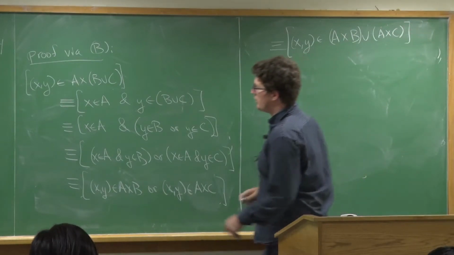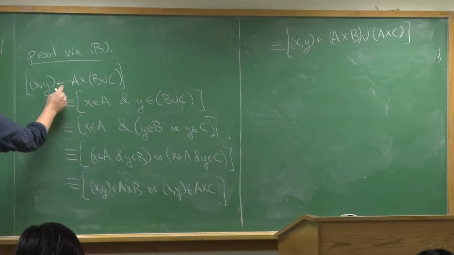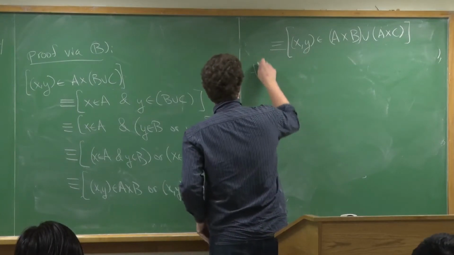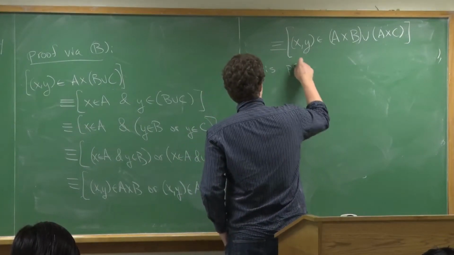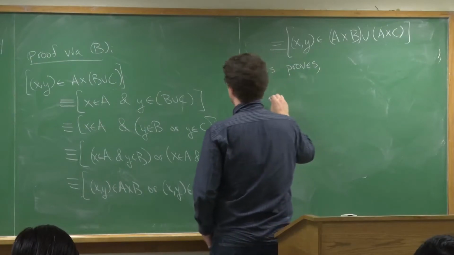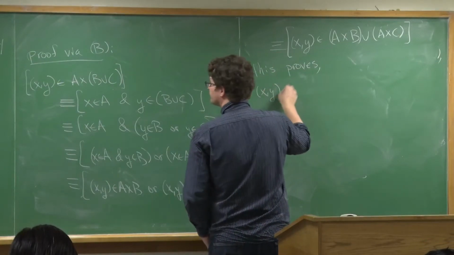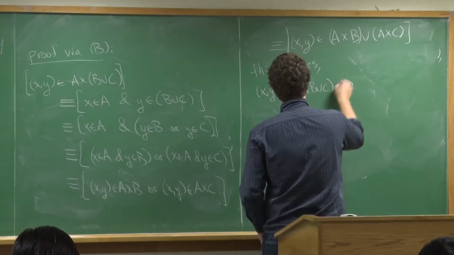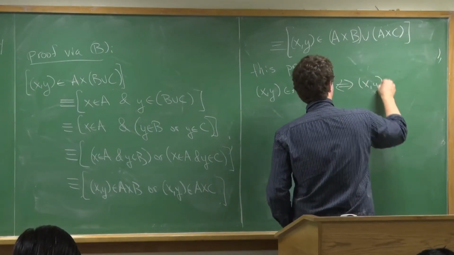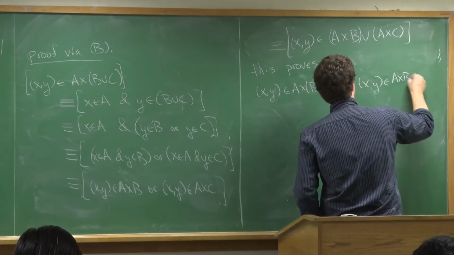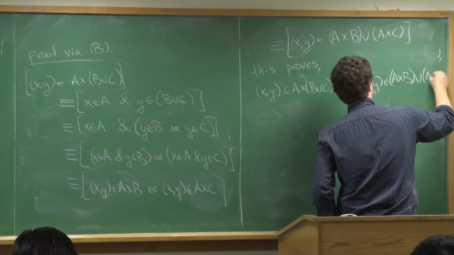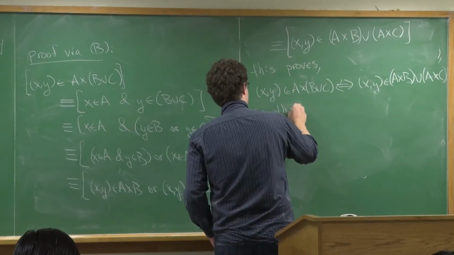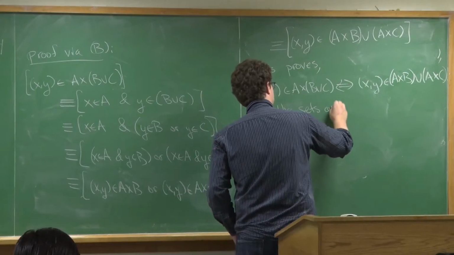This proved that this statement here was logically equivalent to this statement here. So this proves that (x, y) is an element of A cross (B union C) if and only if (x, y) is an element of (A cross B) union (A cross C). So the sets are equal.